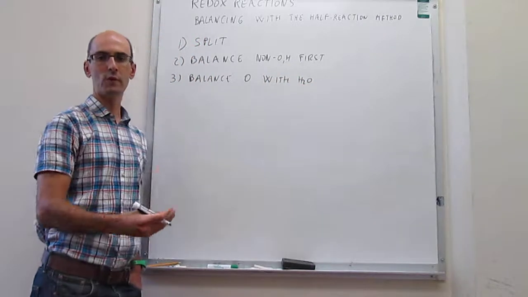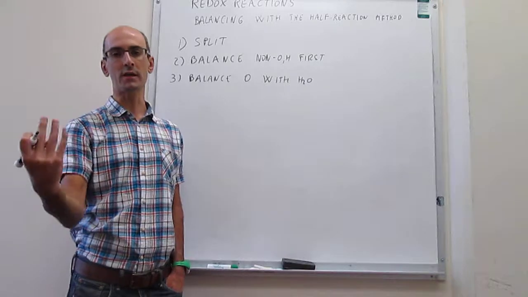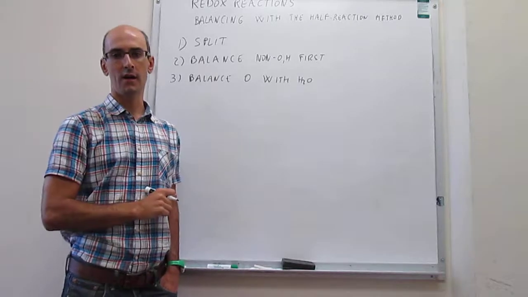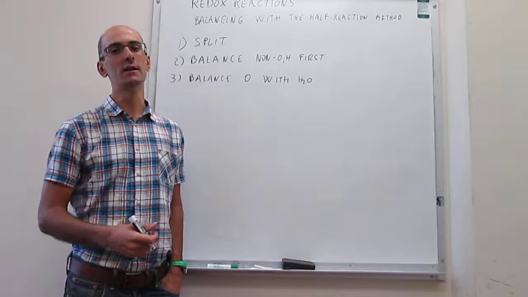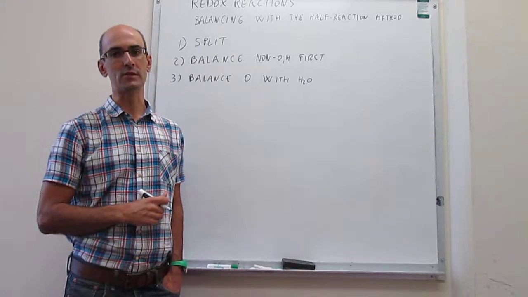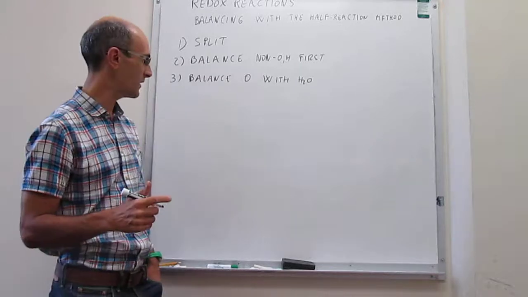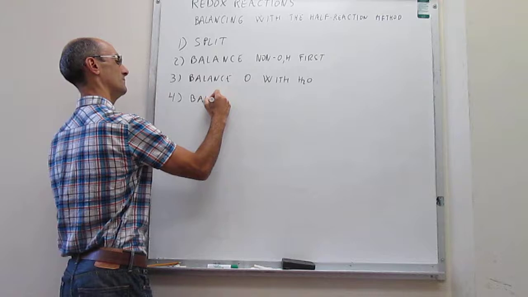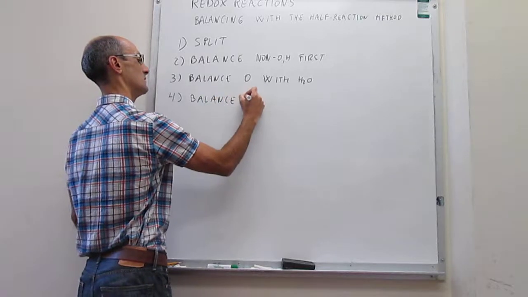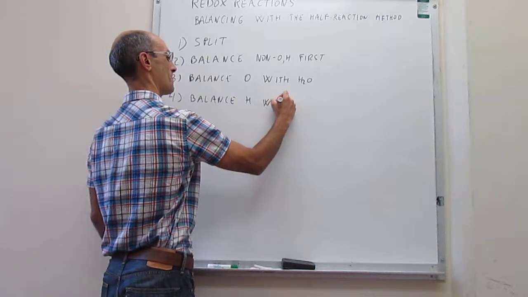So if you have two atoms of oxygen in reagents and no atoms of oxygen in products, you would add two water molecules to products in order to have the same oxygen in reagents and products. After that, you balance hydrogen atoms with protons.